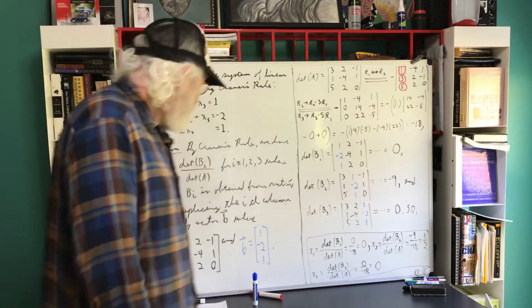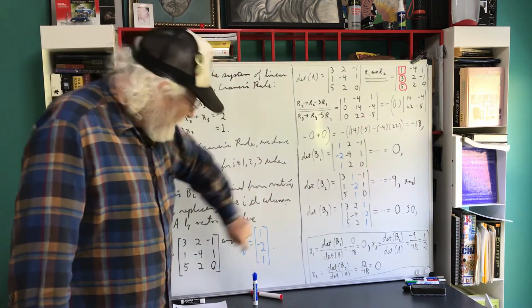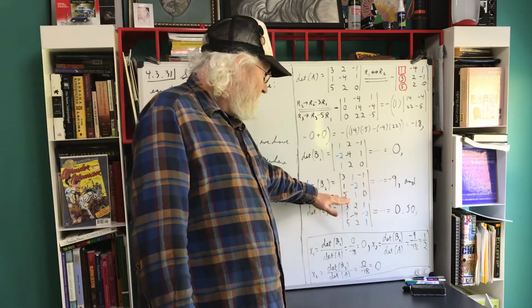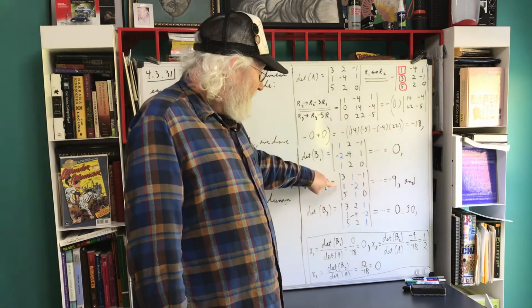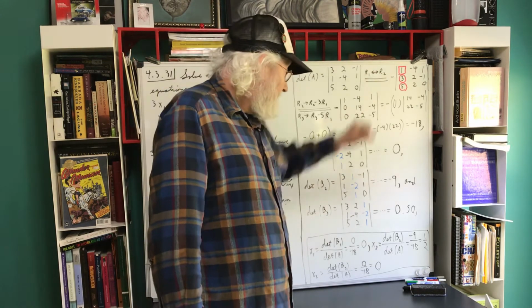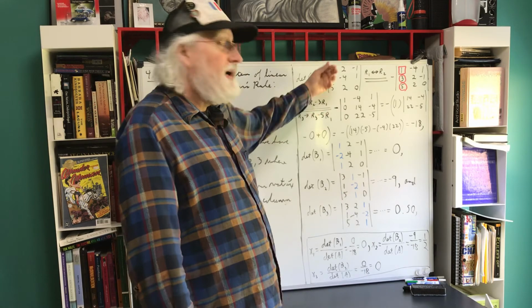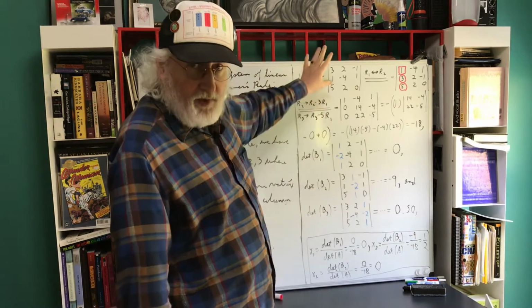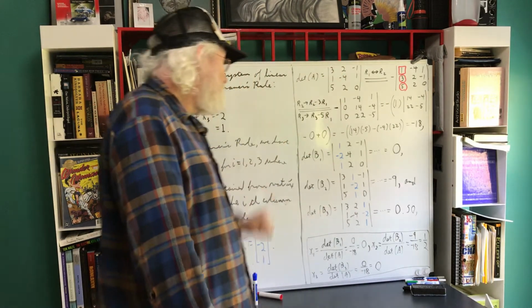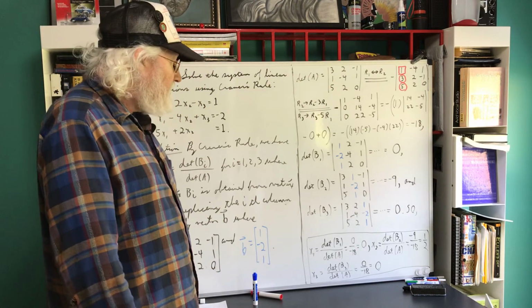B sub 2, we take matrix A and replace the second column with column vector B, producing this. If I were me, I'd probably swap those first 2 rows, introducing a negative like we did over here, and use the 1 to eliminate the 3 and the 5 like we did up here. Of course, it's not the same computation because the blue numbers are different from what we had in the center column upstairs.